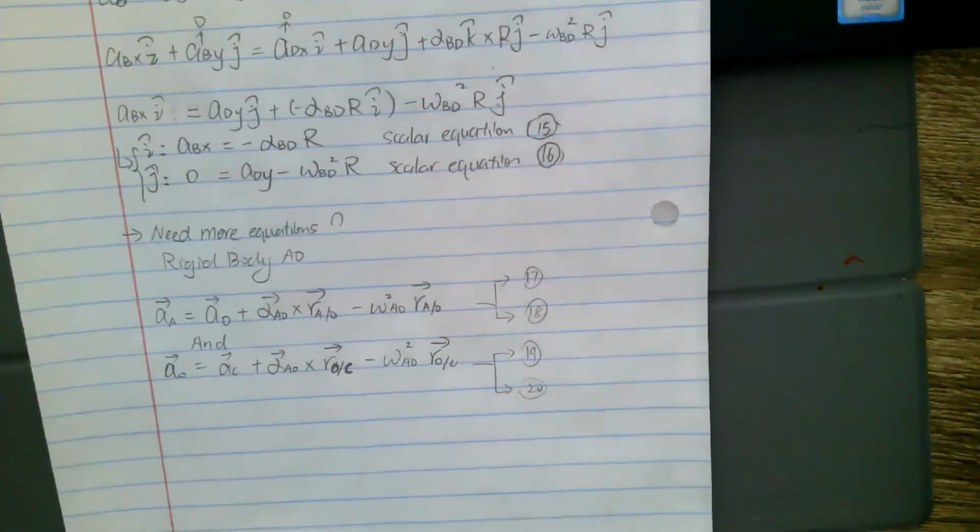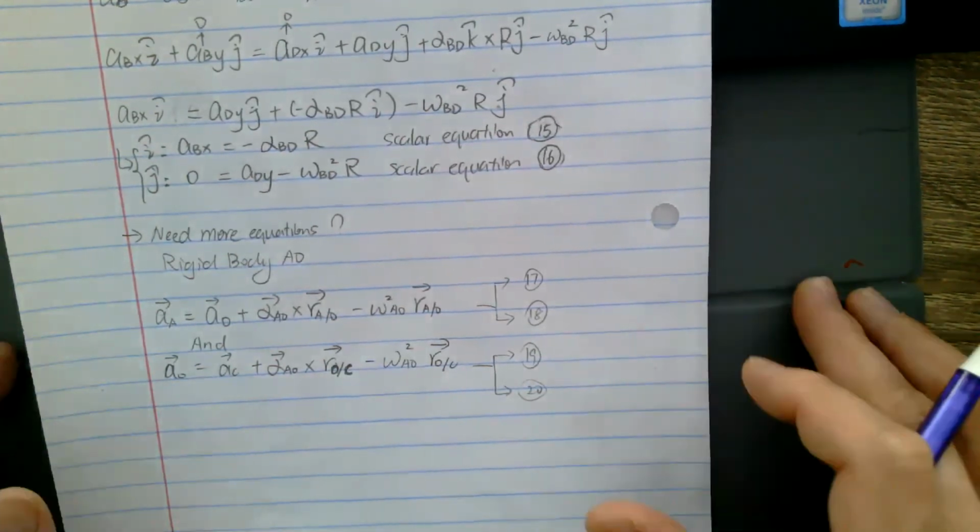So now you have it. You can get a total of 20 equations from this problem. And that should be plenty, more than enough to solve the unknowns you need. Right? Hopefully you learned something. Thank you for watching.